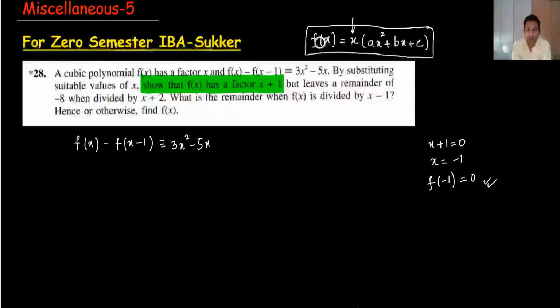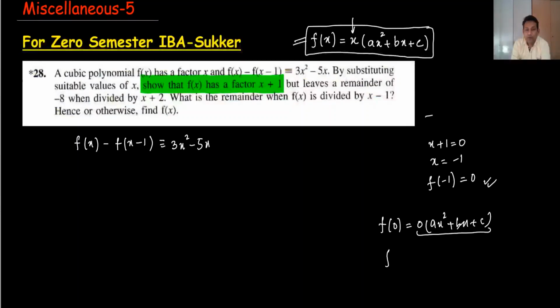But in this question, suppose I write f of 0. If I write 0 here, then ax squared and the other terms, whatever I write, the whole value will become 0.